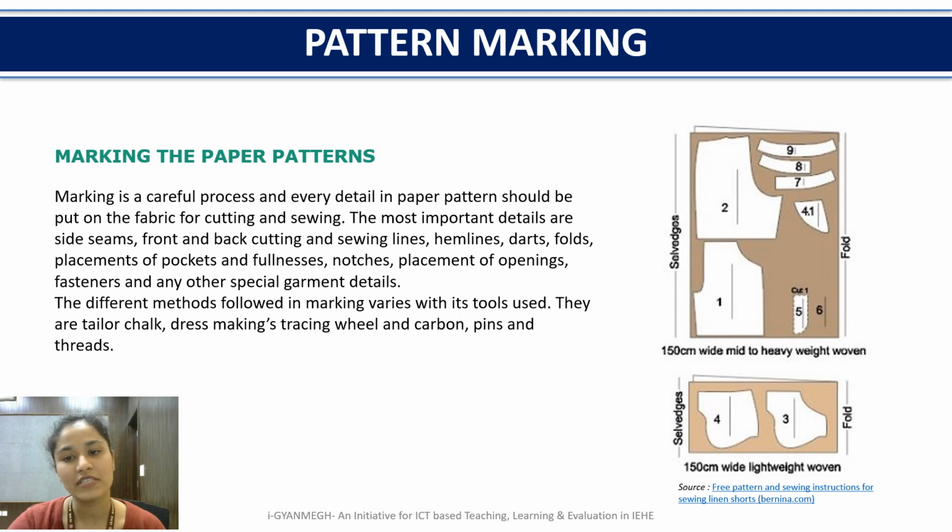The most important details are side seams, front and back cutting, swing lines, hemlines, darts, folds, placements of pockets, fullnesses, notches, placement of openings, fasteners, and any other special garment details such as trims or laces. There are various methods for marking, which include marking with a tailor chalk, dress markers, tracing wheel, carbon, and pin and threads.